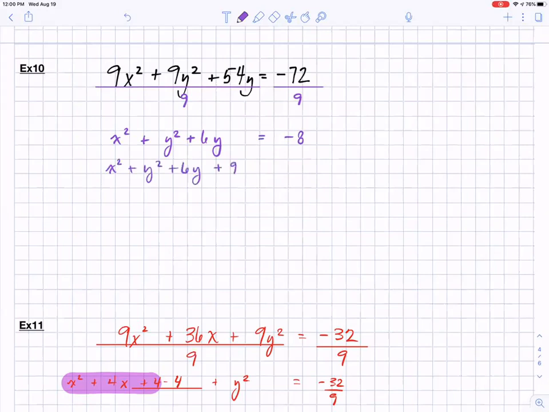So it should be a positive. Yeah. And then your 3 would be positive because of. So just get your sense.